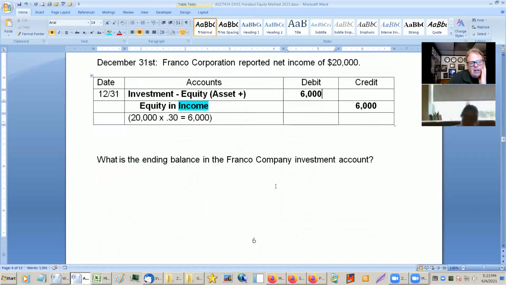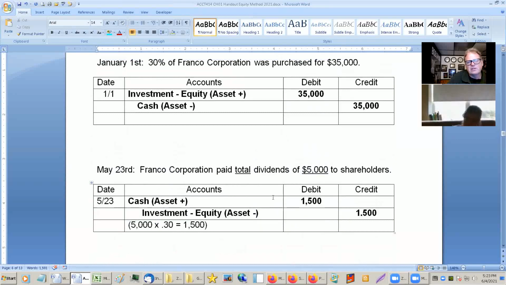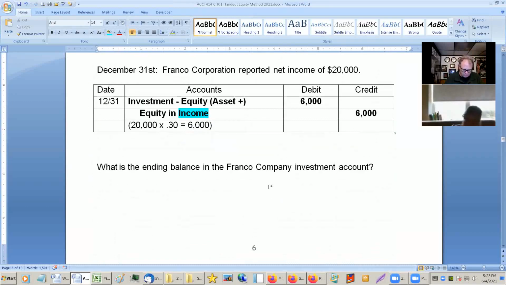Okay. One of the common things asked on like a CPA exam or whatever is what's the ending balance in the account. So in this case, it will be.